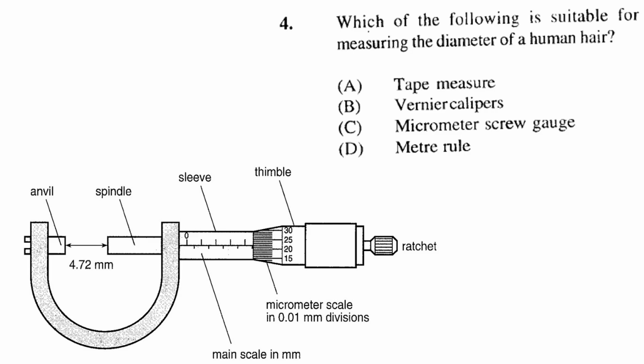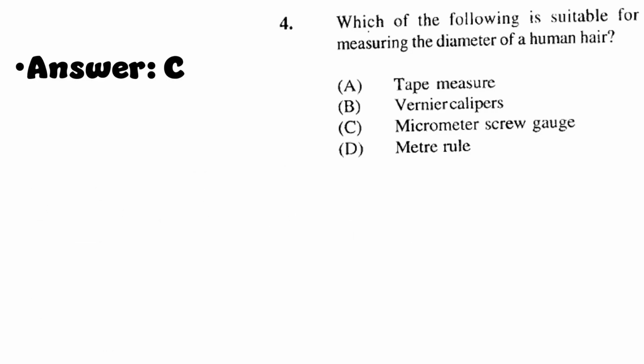How do we know which it is? Well, the micrometer screw gauge has jaws that will go right around the diameter of a human hair, and the mechanism will click when it reaches the exact diameter. So the answer is C.